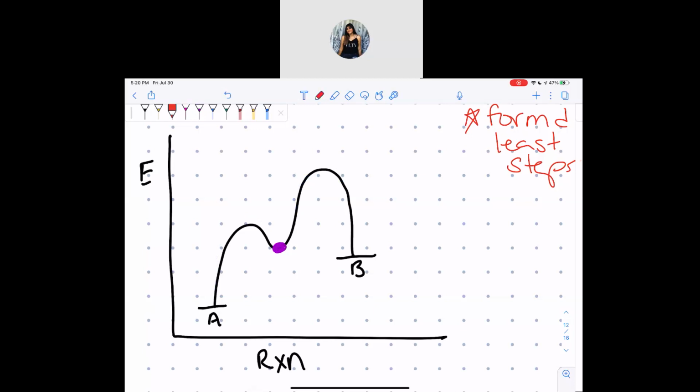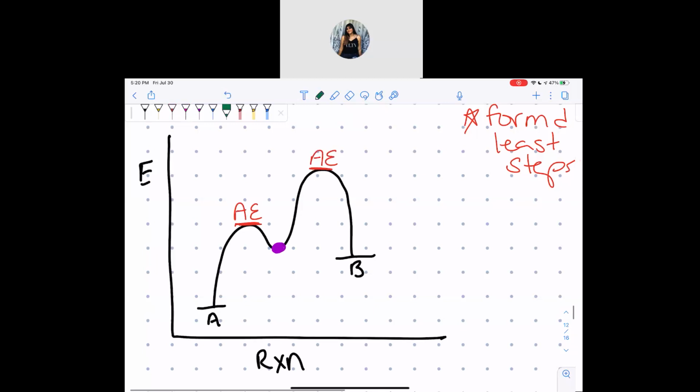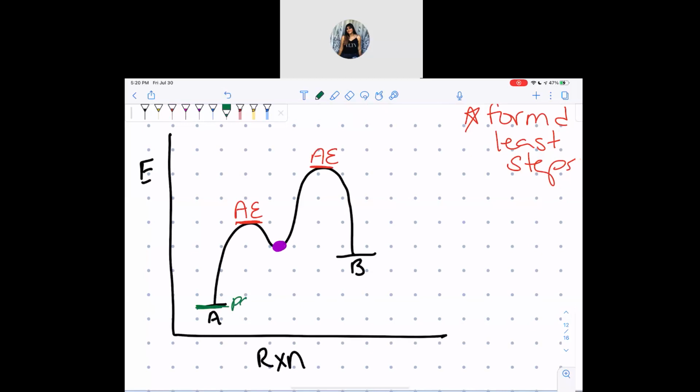So these bumps up here are the activation energy. And these lines down here are the potential energy. So we have to find the lowest activation energy and the lowest potential energy. So the lowest activation energy is this one.